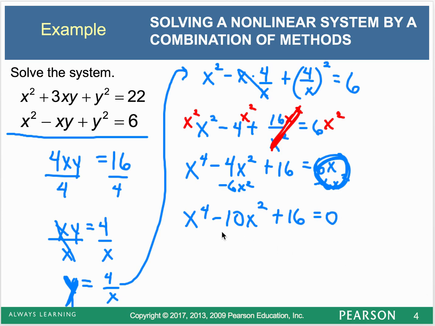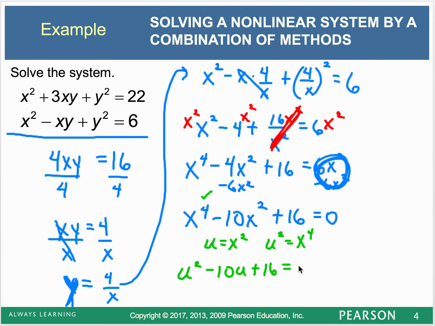Hey, this has 3 terms. And if I double this term, it is sitting right there. This is quadratic in form, so I'm going to let u equal x squared, right? Just the variable part. That means u squared, x squared squared, is x to the fourth. So I can replace x to the fourth with u squared minus 10u plus 16.